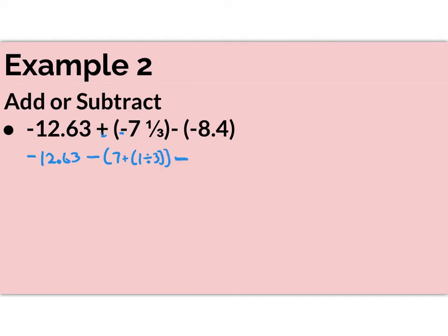Then I'm going to subtract negative 8.4. So let's put this in a different color. This symbol is negative and this one is negative. Okay, so make sure you put negatives in differently from subtraction or else you will get an error. And once you do this, you'll get negative 11.563, and the 3 is repeating.